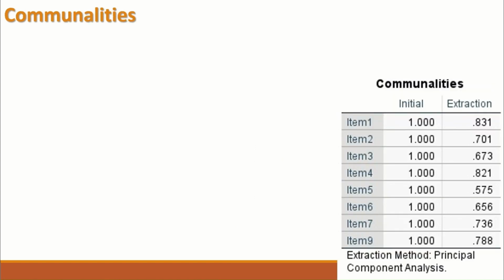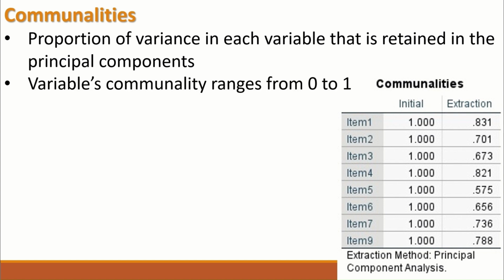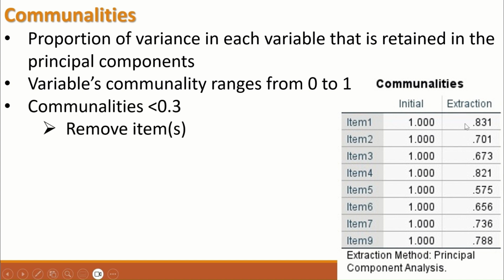The next slide describes a term called communalities, which is a table generated from the PCA analysis. Communality is the proportion of variance in each variable that is retained in the principal component. So the value for the communality ranges from 0 to 1, as shown here in the table. The first item has a communality value of 0.8, the second 0.7, and so on.